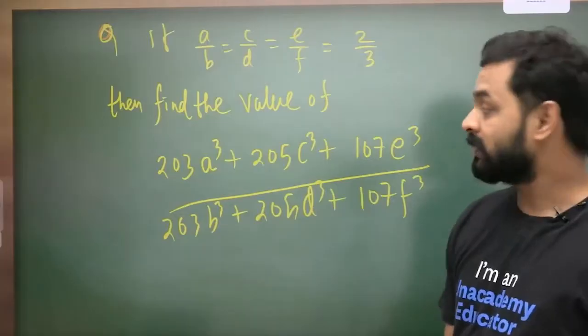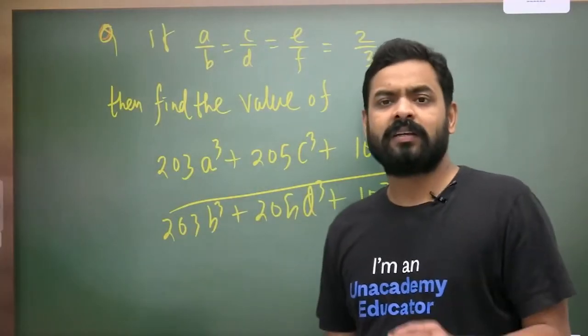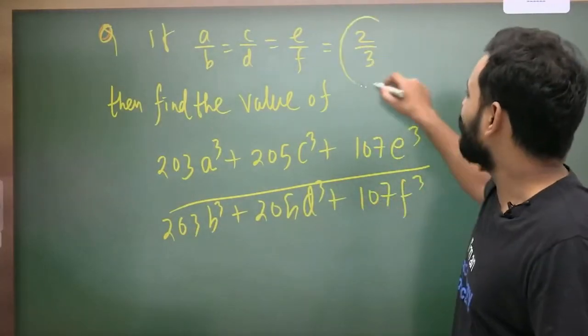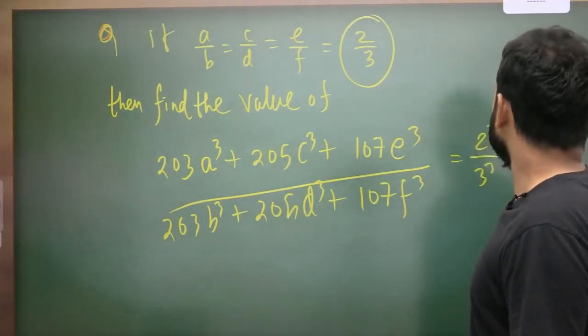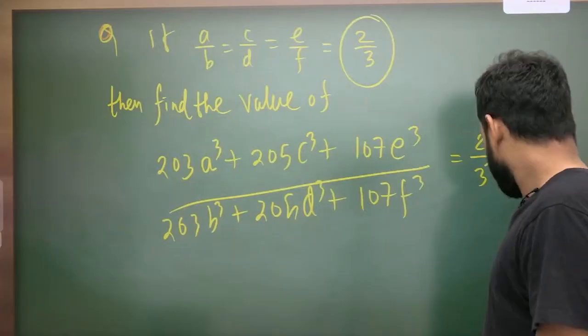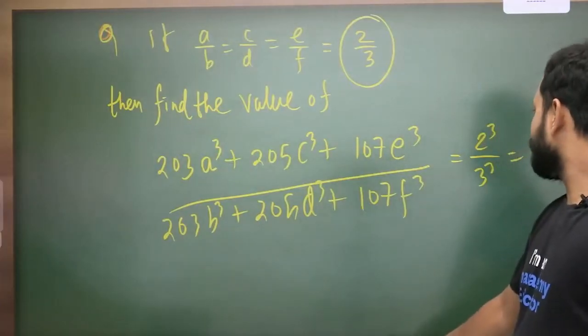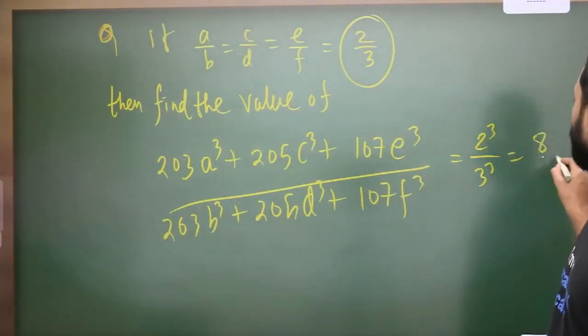Can you find the value of this? Simply see, the simple result is we'll have to just cube it. 2 cube divided by 3 cube, that means 8 upon 27. That's the answer.